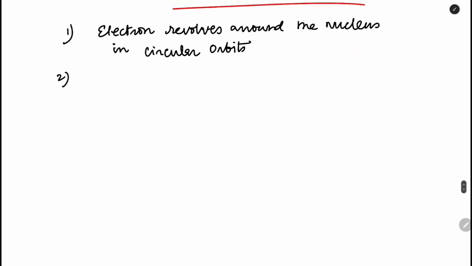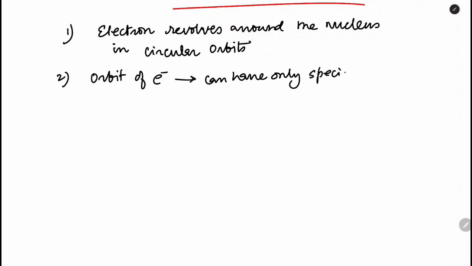His second postulate is that the orbit of the electron can have only special, certain radius.